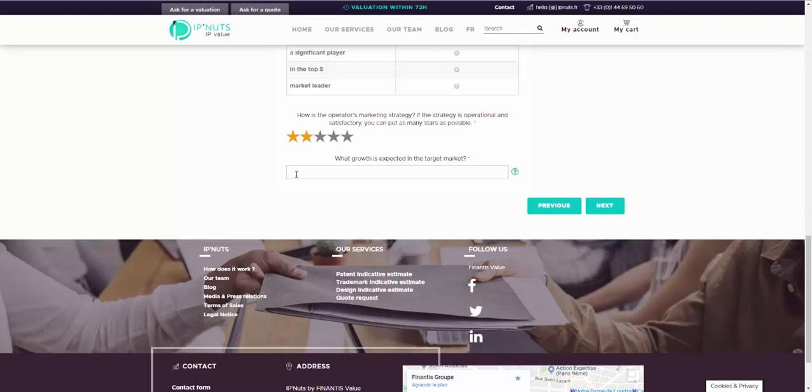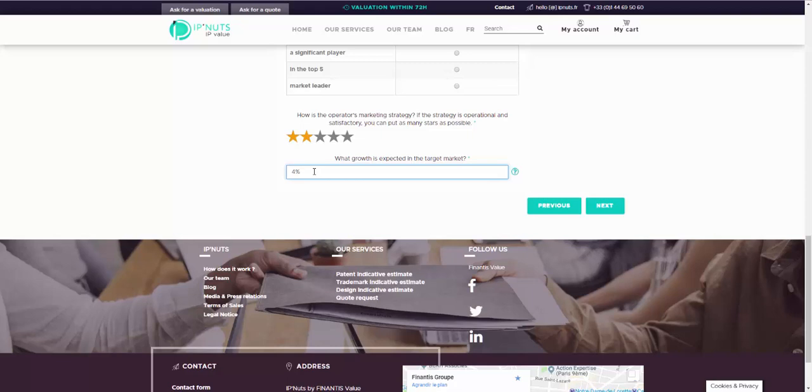Okay, and here you have to complete the expected growth of the target market. So if you are in a market that has a trend of maybe 4% growth, you can say it here, depending on your surveys or depending on the figures you can have concerning your market.